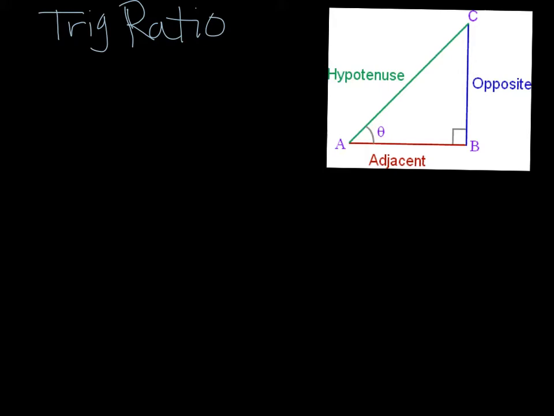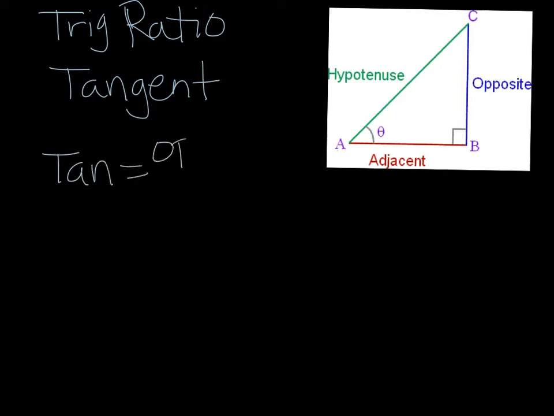The first trig ratio we'll be discussing is tangent. The ratio for the tangent is tangent equals opposite over adjacent.